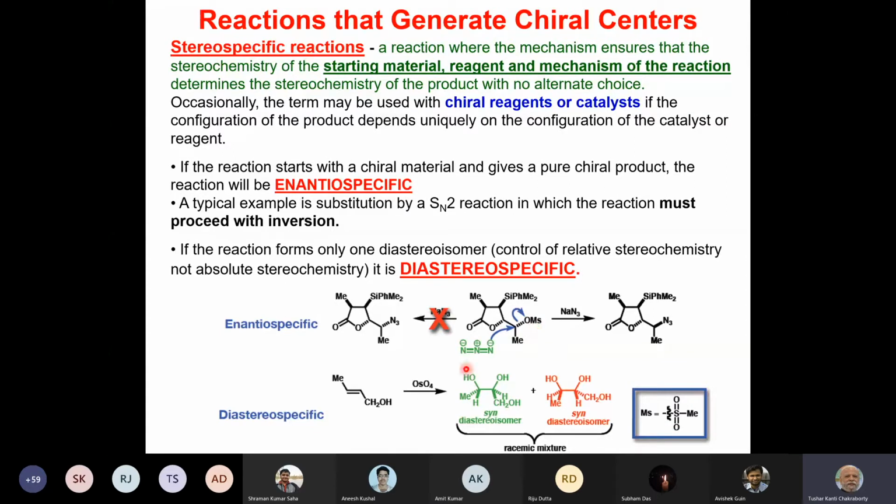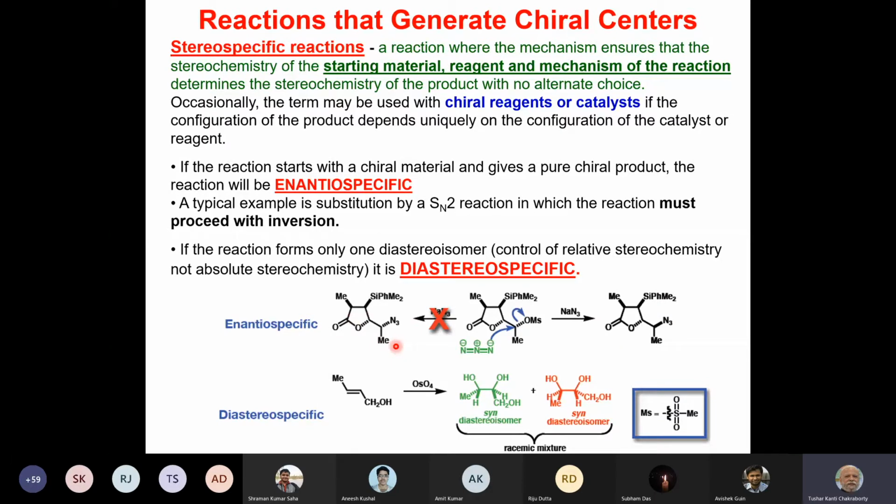N3 will attack here and displace the O, and you don't get this substrate here, where the dashed line means N3 is below the plane. You get an inversion of configuration, because you know that SN2 leads to inversion of configuration. So this N3 is coming from the top, and you get only this product. Since there are other chiral centers in the molecule, we call it enantiospecific.